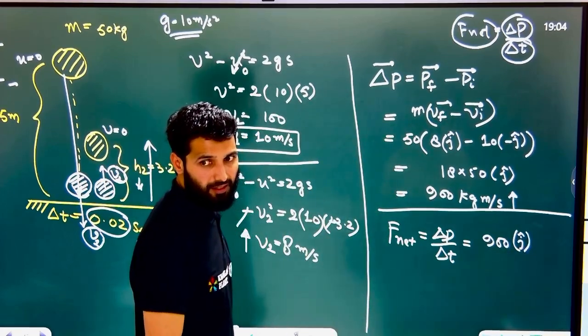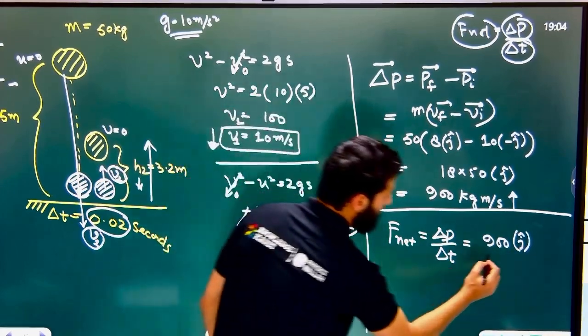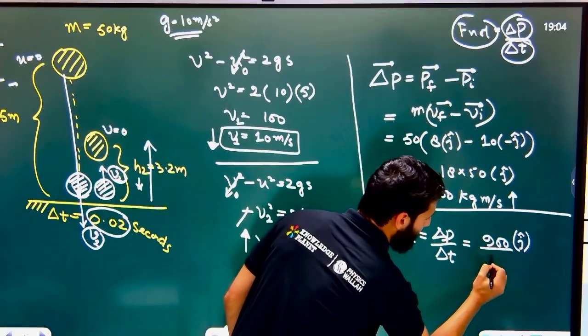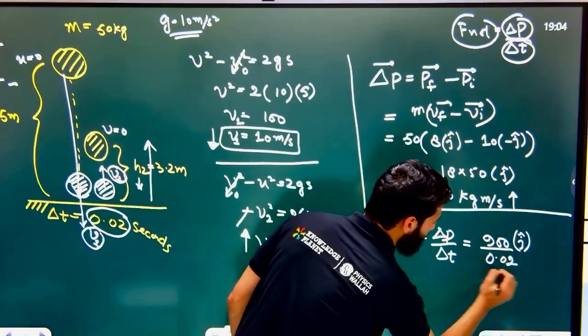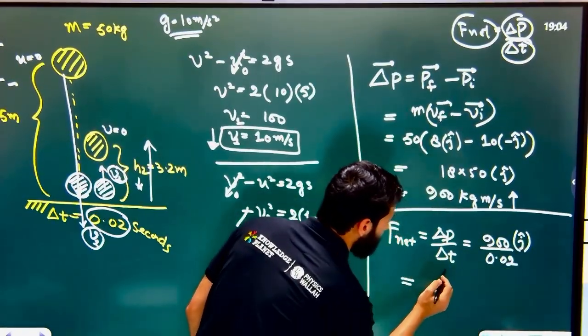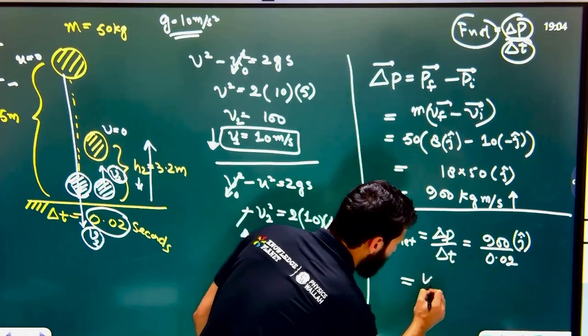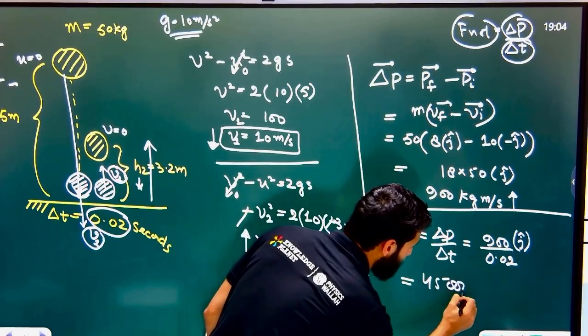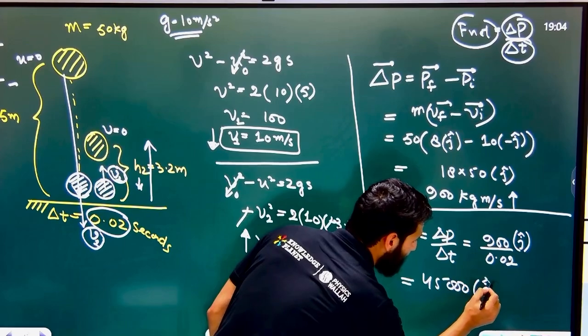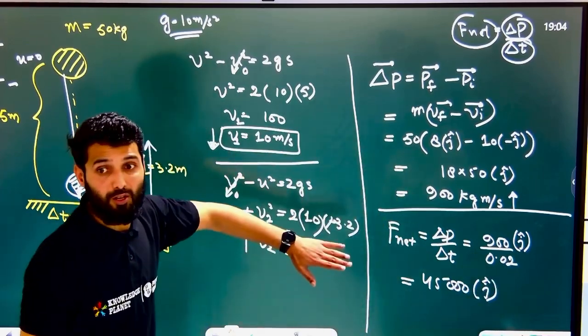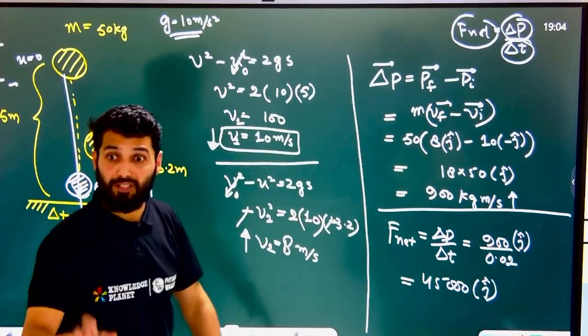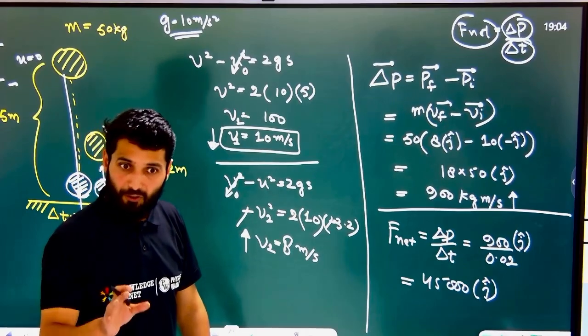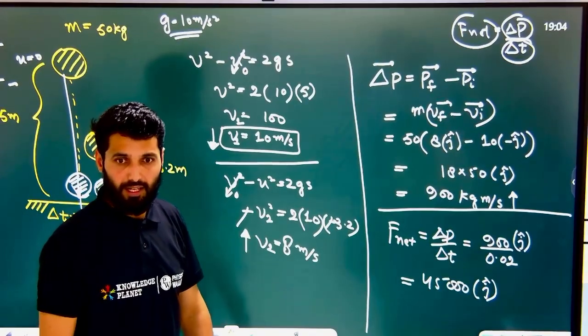Time is a scalar. How much is the time? 0.02. So how much is the answer? 45,000 j cap. Why j cap? Because the force is also upwards. Net force is upwards.